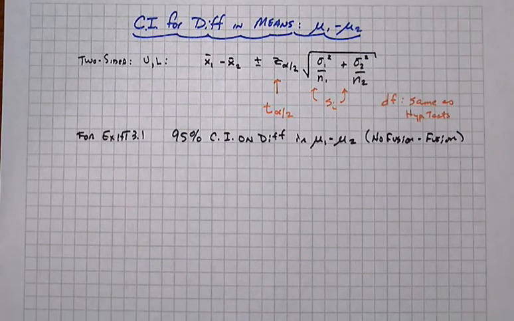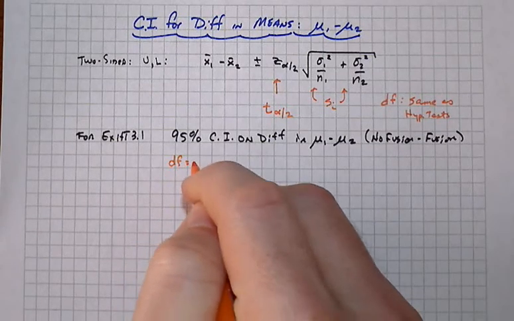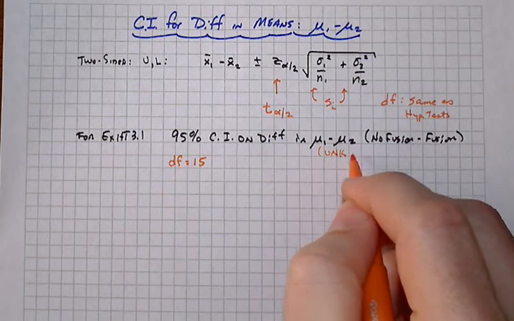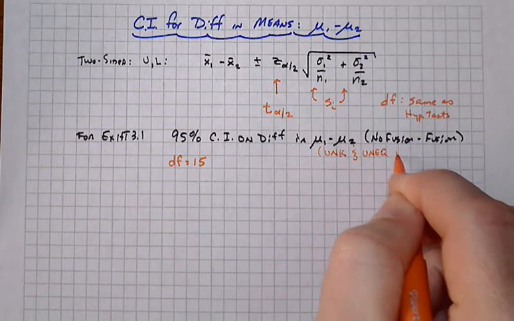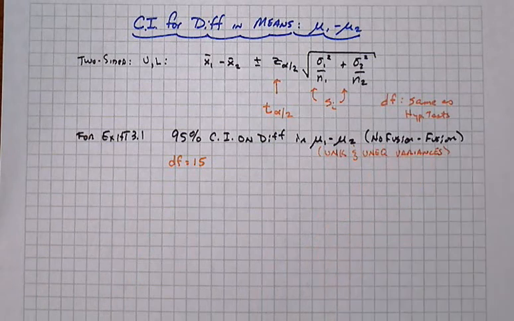And go back and find that our degrees of freedom for that case were 15, right? We had unknown and presumably unequal variances. We also had small sample sizes as well.